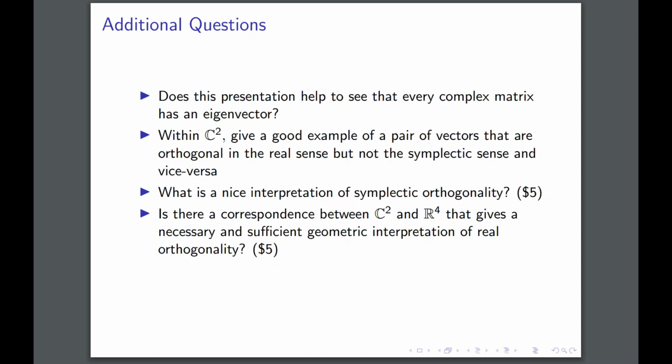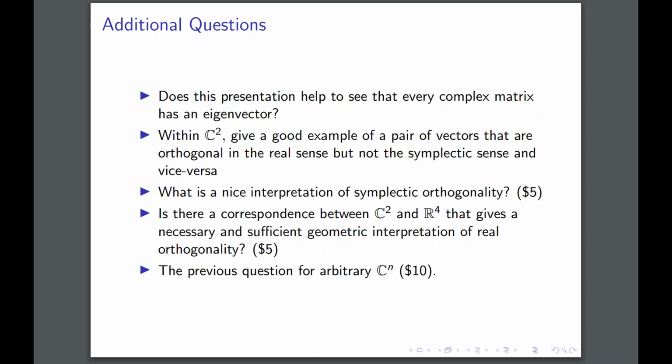Just because this is a kind of novel presentation, and it's easy to say what is real orthogonal when we think about it how we usually do, but in this new presentation, I don't know if there is an easy way to determine it or not.